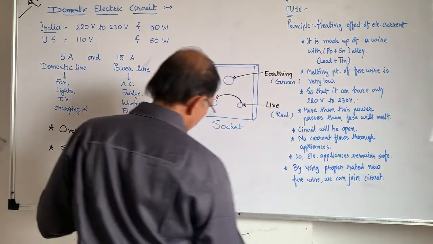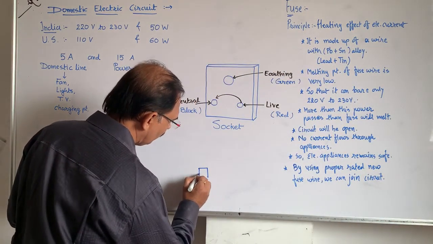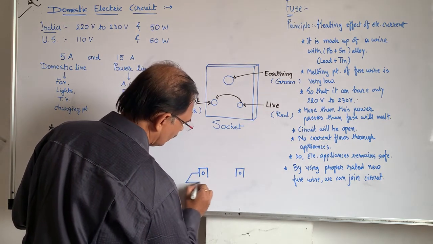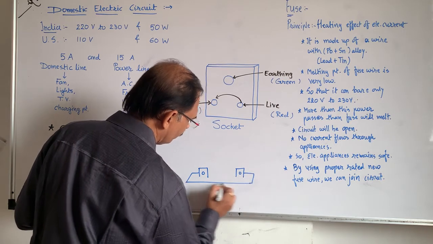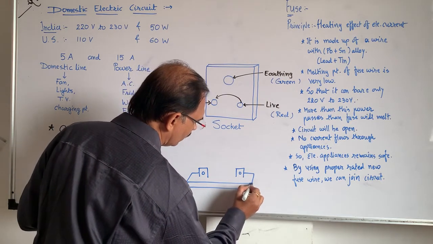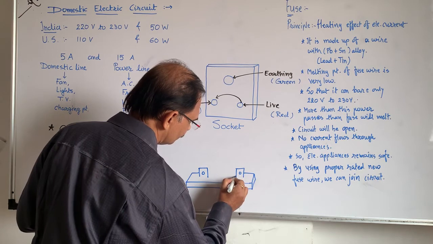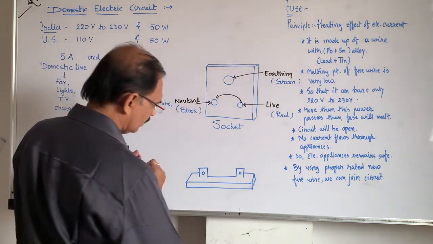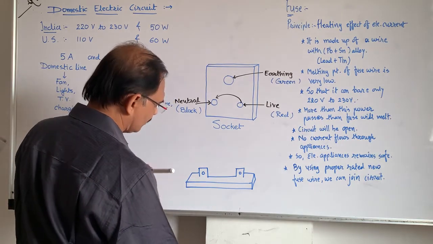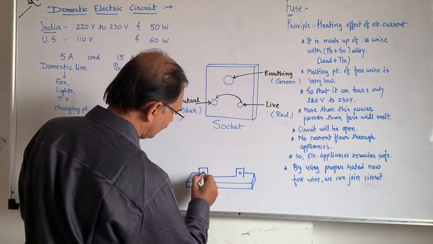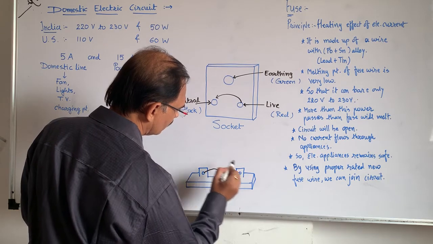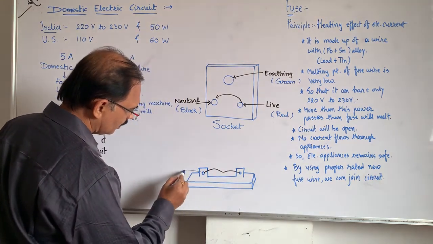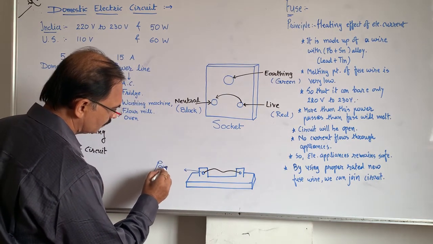Okay, so suppose this is one terminal, this is another terminal, and this is the porcelain, meaning a fireproof holder made up of porcelain. Between these two terminals, a fuse wire made up of tin and lead alloy is kept, right? This connection is through the powerhouse.